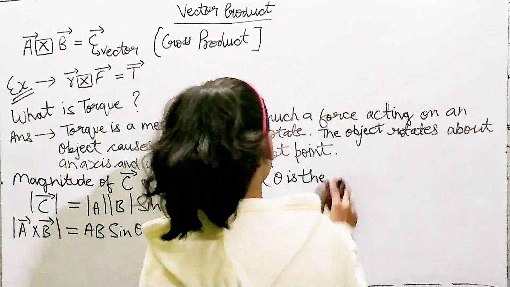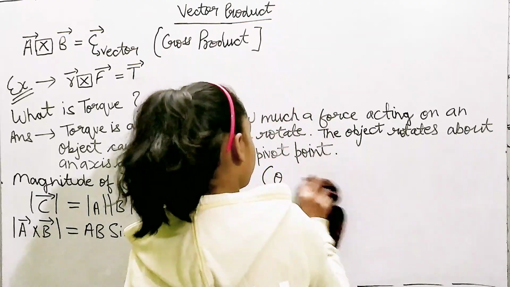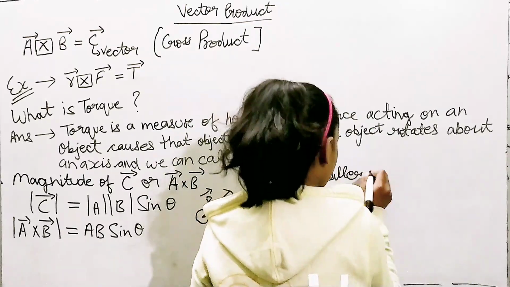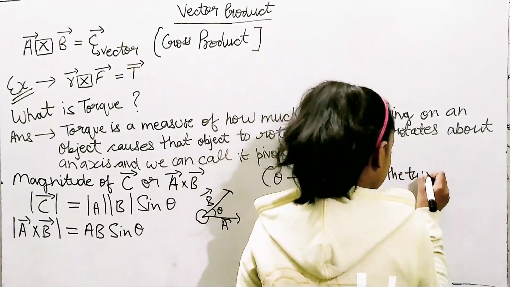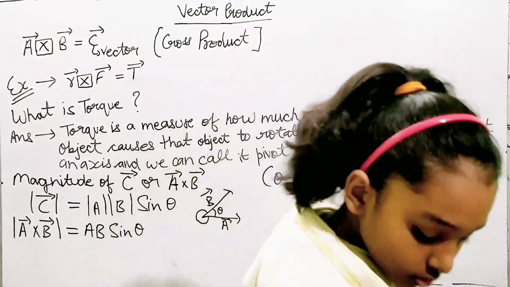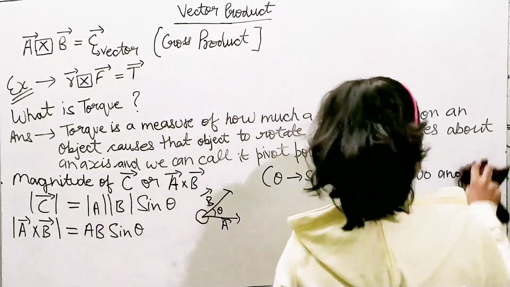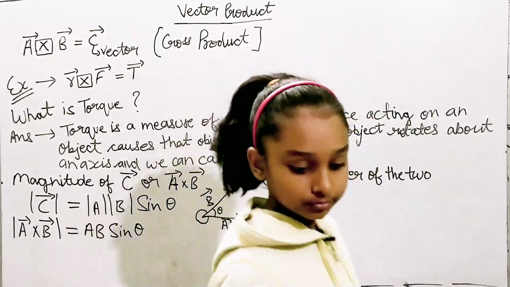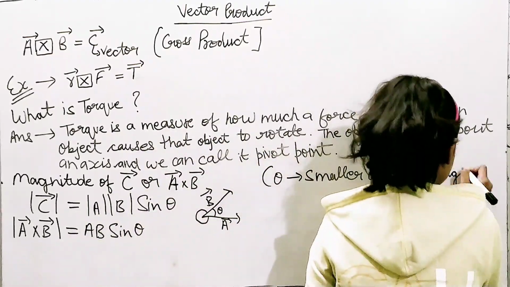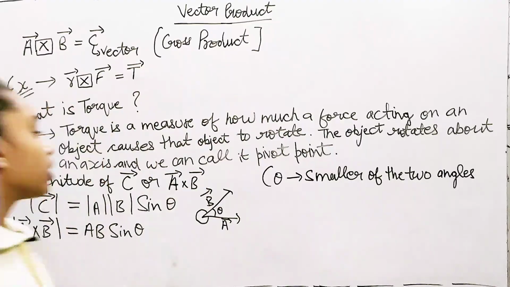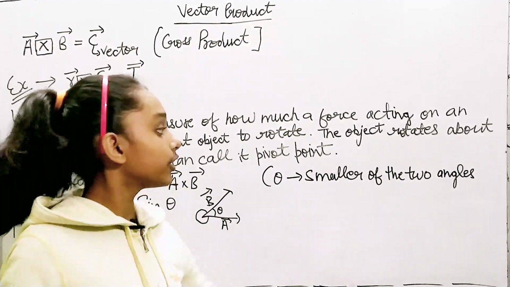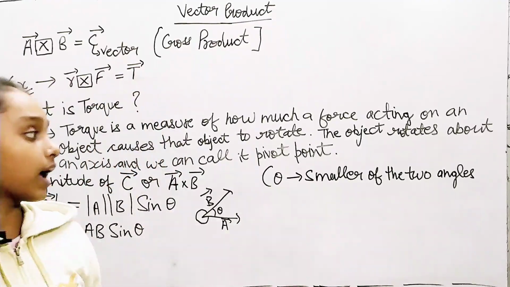Let me write it another way. Theta will be the smaller of the two angles. In cross product, theta will be the smaller of the two angles.